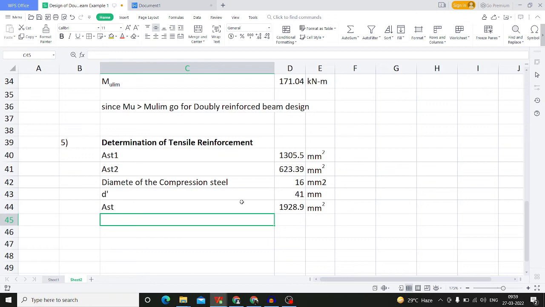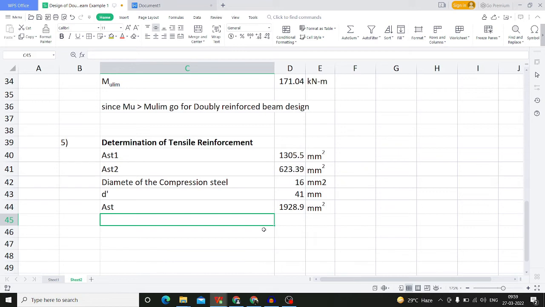We got the AST required, the area of reinforcement we have to provide. Based on this value we have to provide the number of bars. Already we have defined the diameter of tensile reinforcement, that is 25 mm.